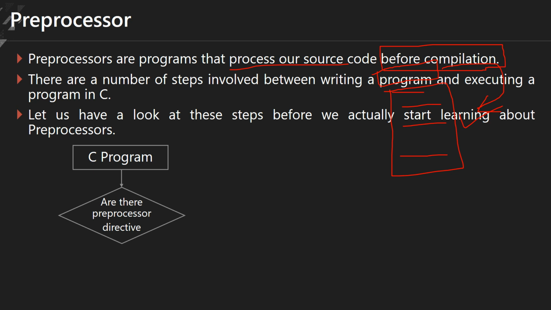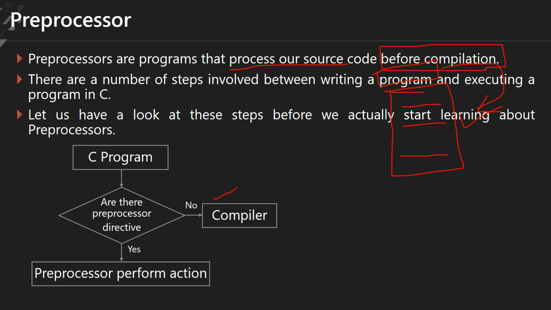If they are included in your program, the preprocessor performs its action first, then it goes to the compiler. If the preprocessor is not in the program, it will directly compile your code.